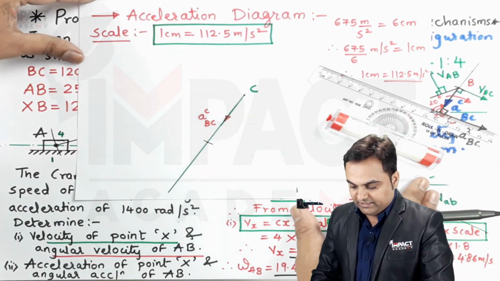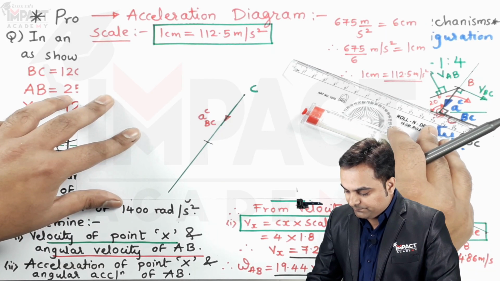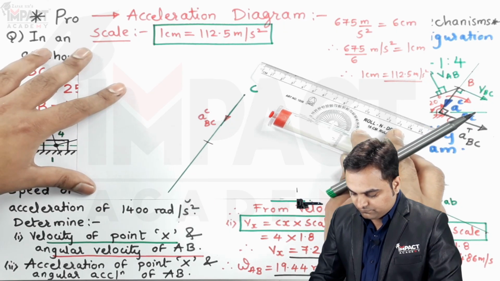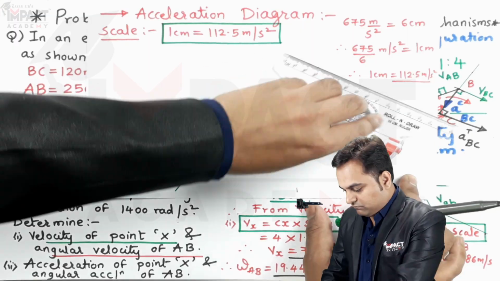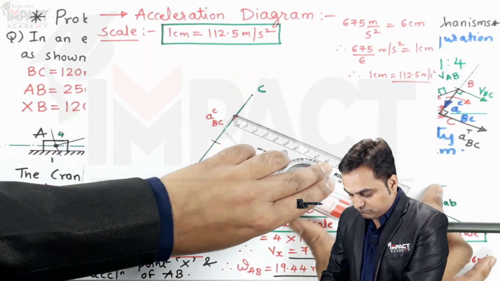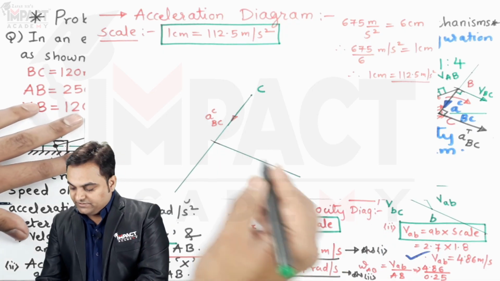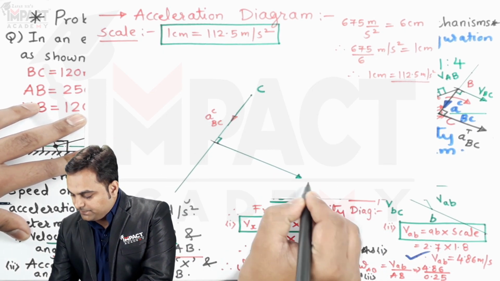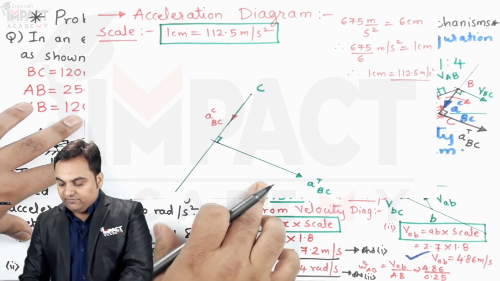Here we know the direction of the tangential acceleration, so parallel to it. So this is the direction for the tangential acceleration, and it is perpendicular to the centripetal acceleration.